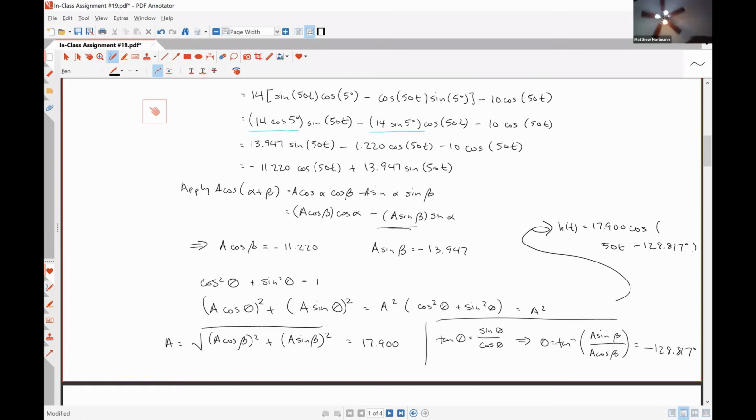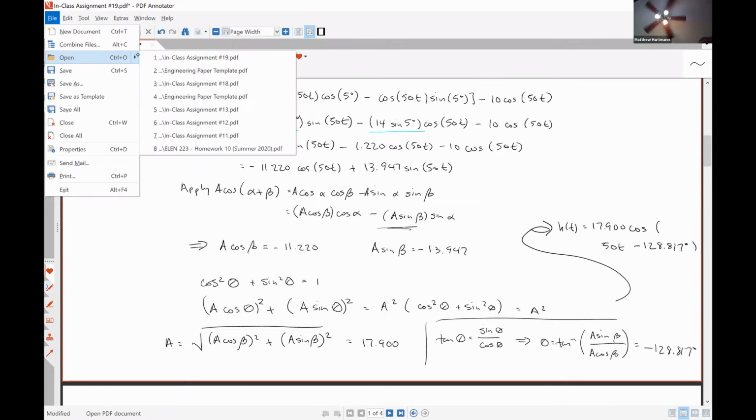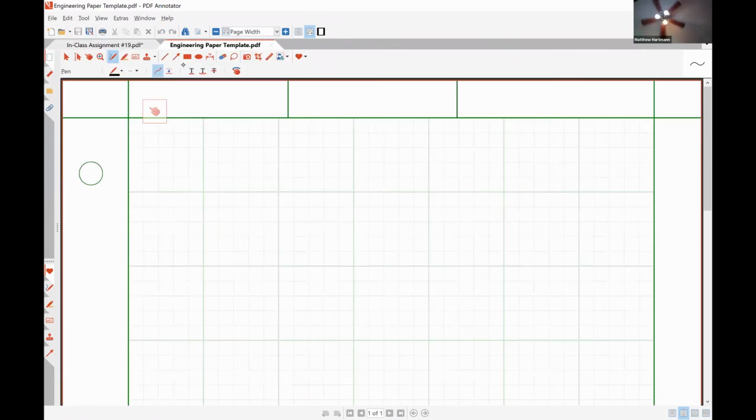So what I'd like to do real quick is take a quick aside here. One of the last trig identities on my list was Euler's identity, which said that e to the j theta was equal to cosine theta plus j sine theta.